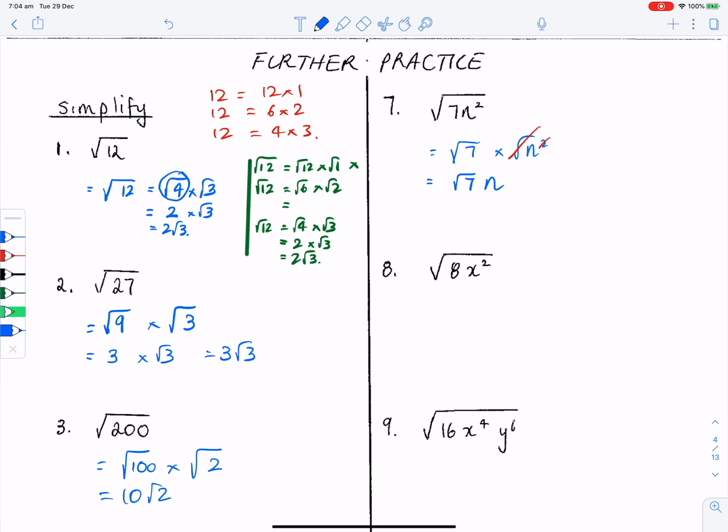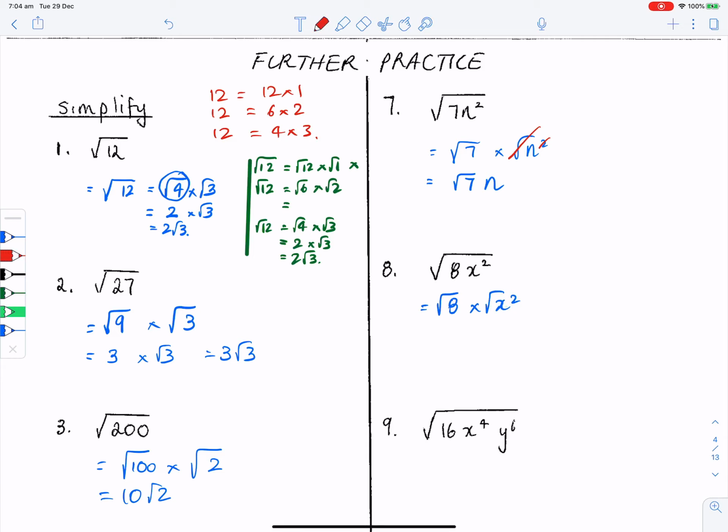Question 8, we're going to break it up into root 8 times root x squared. Quite often when I get numbers and pronumerals inside a surd, I like to break them up like this. Now what I do is I focus on breaking up the root 8 into its factors, and root x squared is just going to be x.